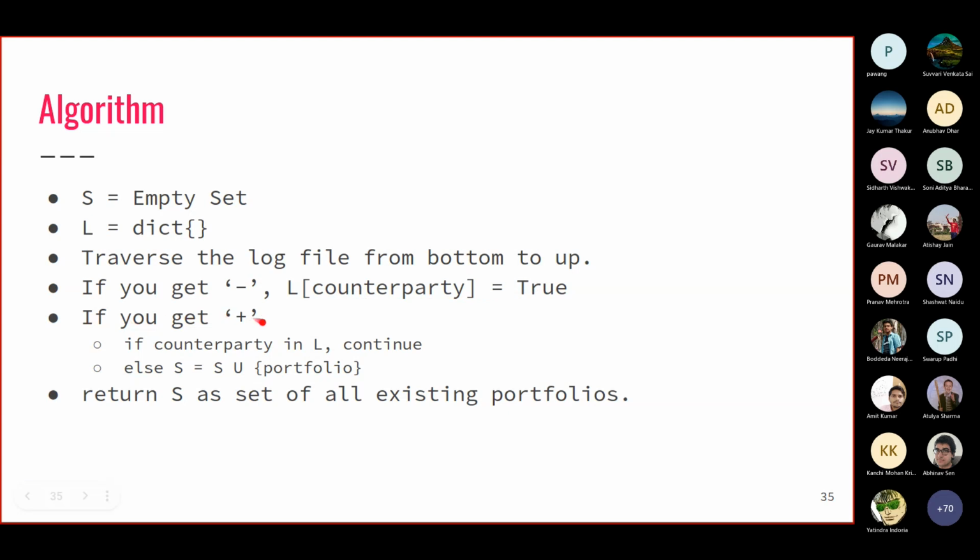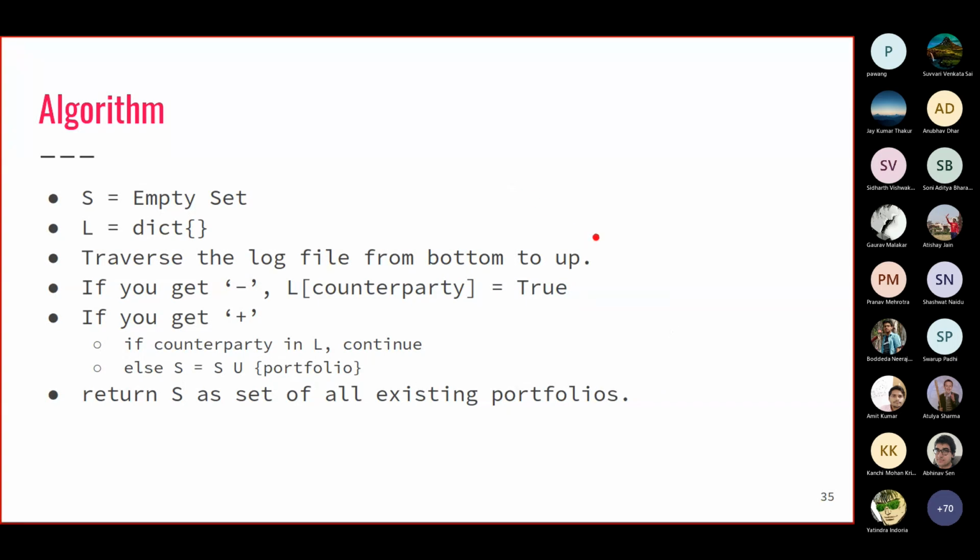And if you get plus, if the counterparty is in the dictionary, then you don't have to do anything, because you got the minus in the first place for that particular counterparty. Else you should add the portfolio to the set. And finally you should return S as the set of all existing unique portfolios. So that could be one solution.